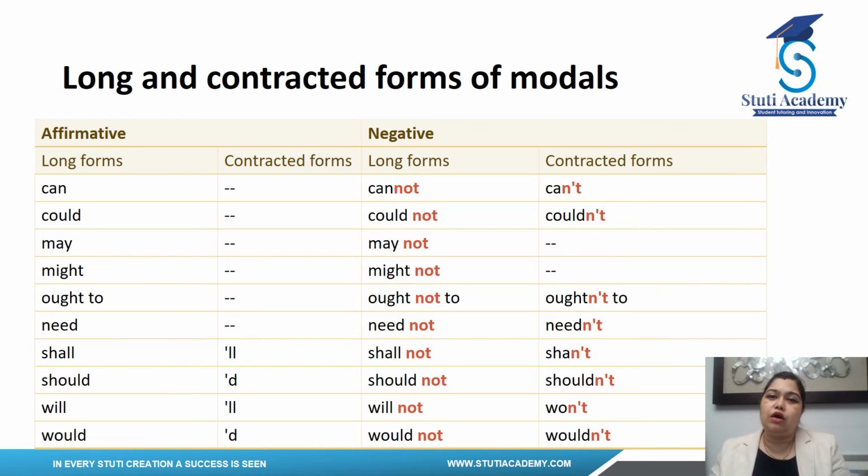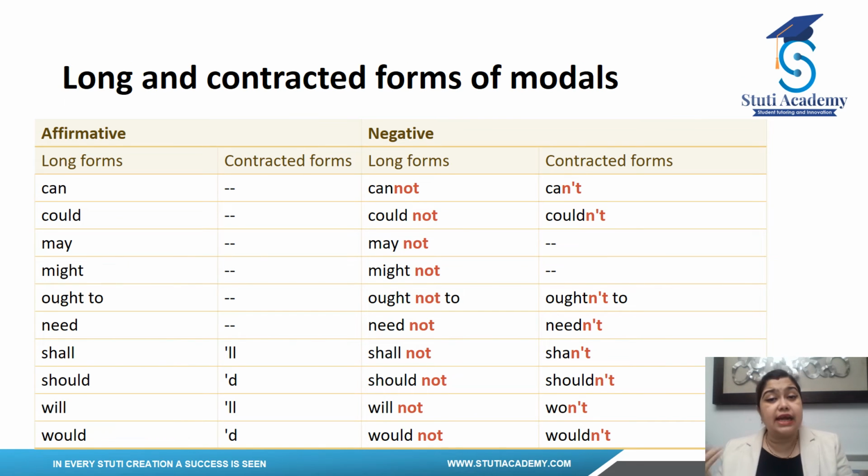We shall go out tomorrow. We will go out tomorrow. Again, both have the same contracted forms. So you need to know which one you're using and you need to use the right one.